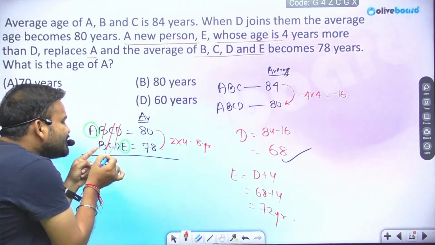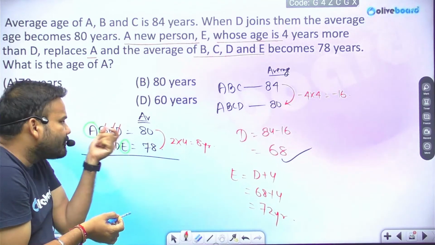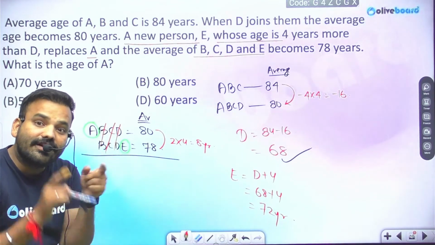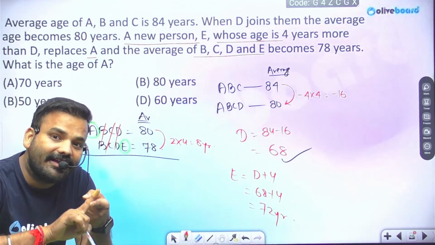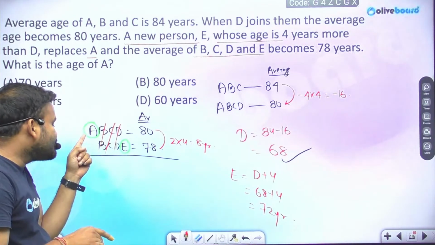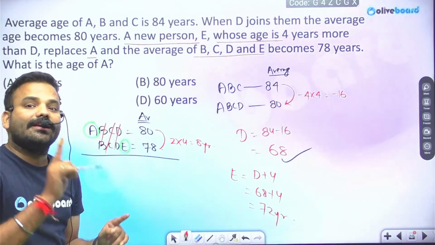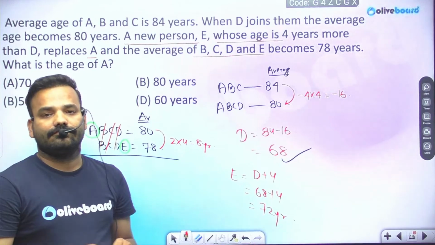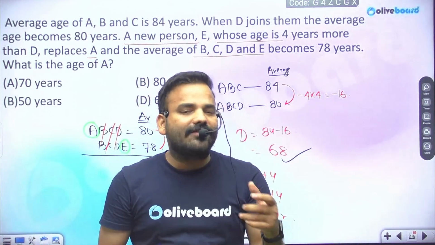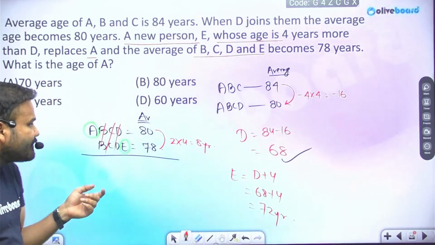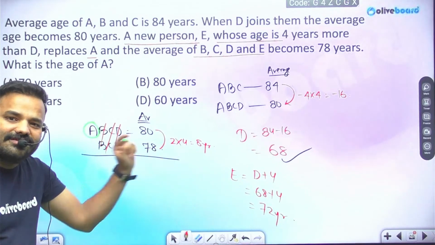Sir, BCD are common. They will have the same effect on the numerator as well as the denominator. So it's A and E, A being replaced by E, and hence the average has changed. That means the ages of A and E are not the same. Had they been the same, the average would have been the same. So what is the effect? The effect is 2 years, that too on 4 members.